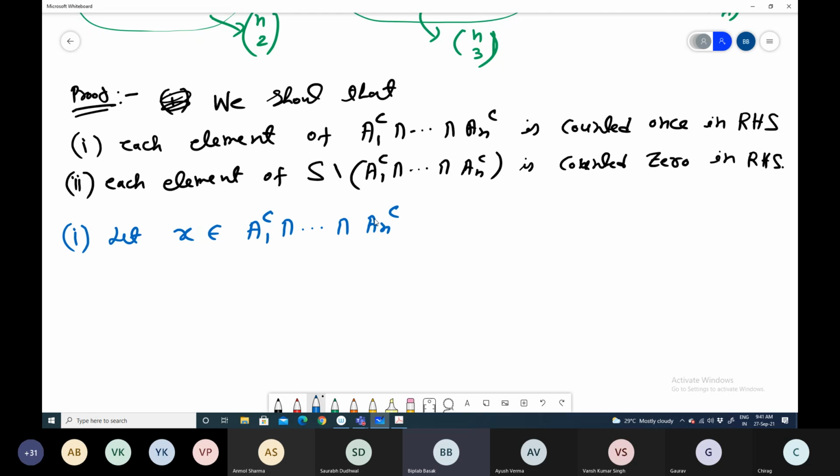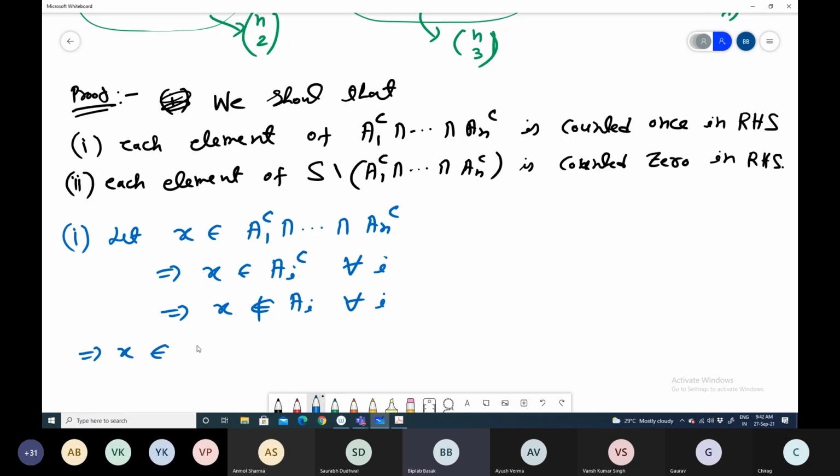So what does it mean? That means X belongs to AI complement for all I. So that means X does not belong to AI for all I. Right?